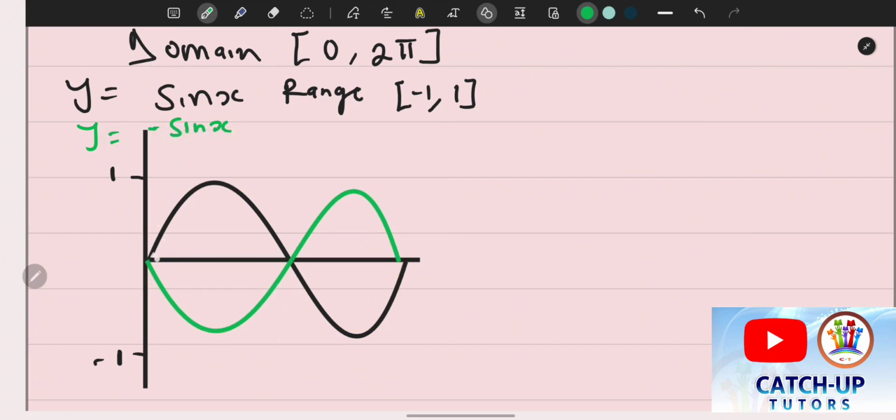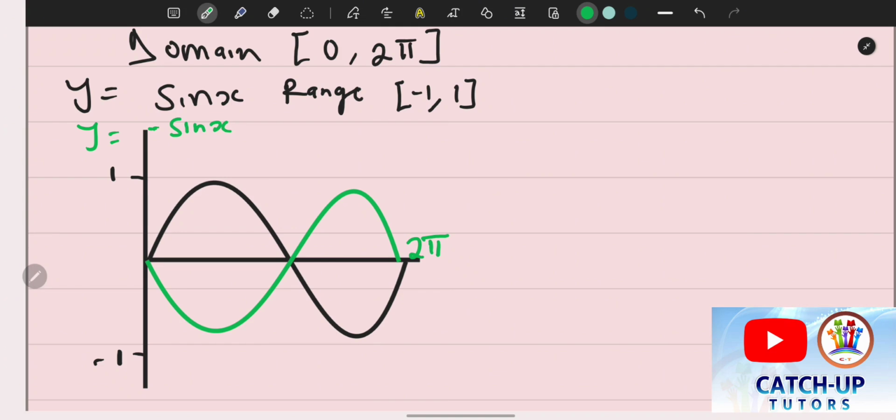You can see that sine x starts from the midline, then goes to maximum, midline, then minimum. For minus sine x, from the midline it moves towards the minimum, then midline, then towards the maximum. You understand? The period here is 2 pi. So the two are reflections along the x-axis.